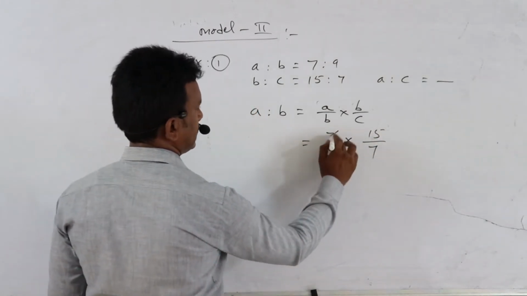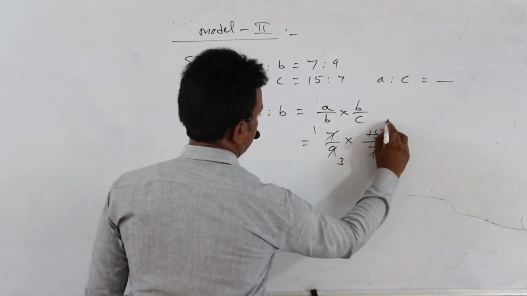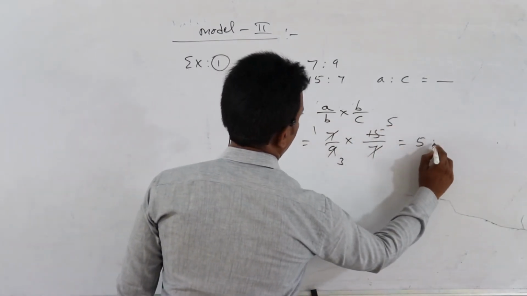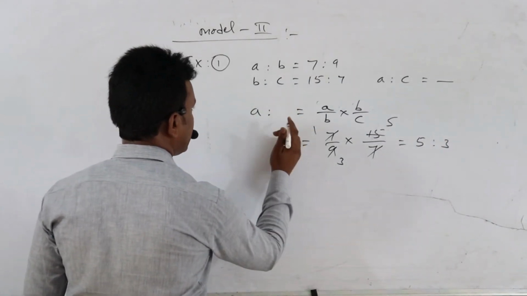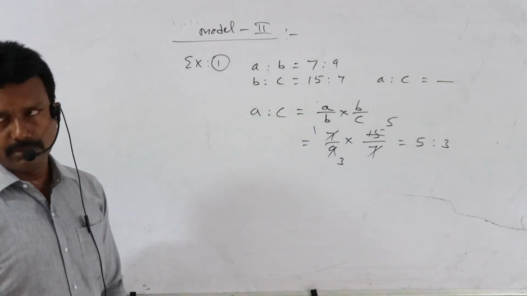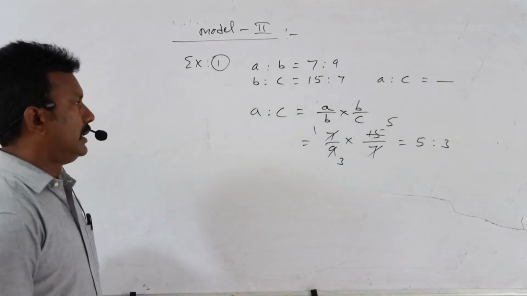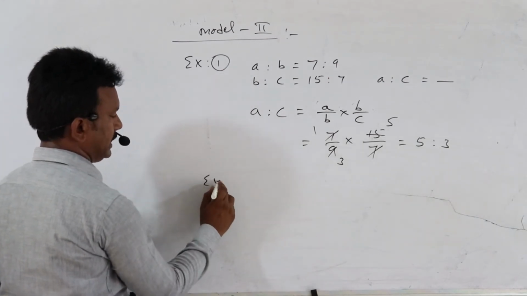So cancellations: 7 ones 7. Next 3 threes, 5 threes. Finally 5:3 is our answer. A is to C is 5:3. Right.